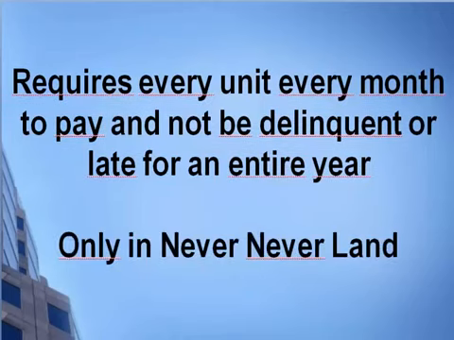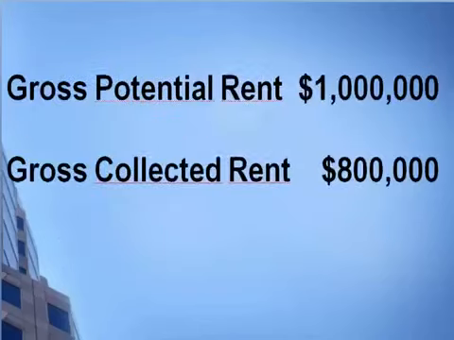All right? So in order for you to achieve the gross potential rent on a property, you have to have every single unit achieving market rents every single month for 12 months, no delinquencies, no lates, everyone pays, 100% occupancy. It doesn't happen. Okay? So, I will get back to this particular concept in just a moment, but let me just take you through this.